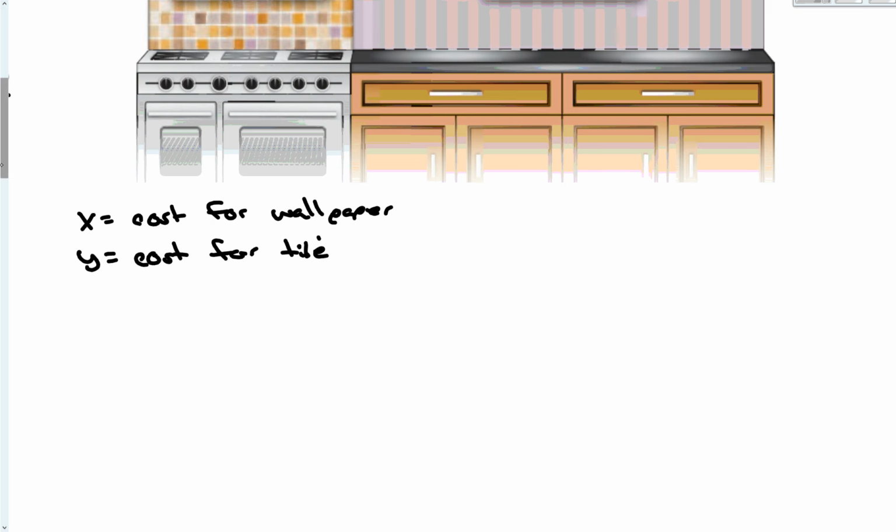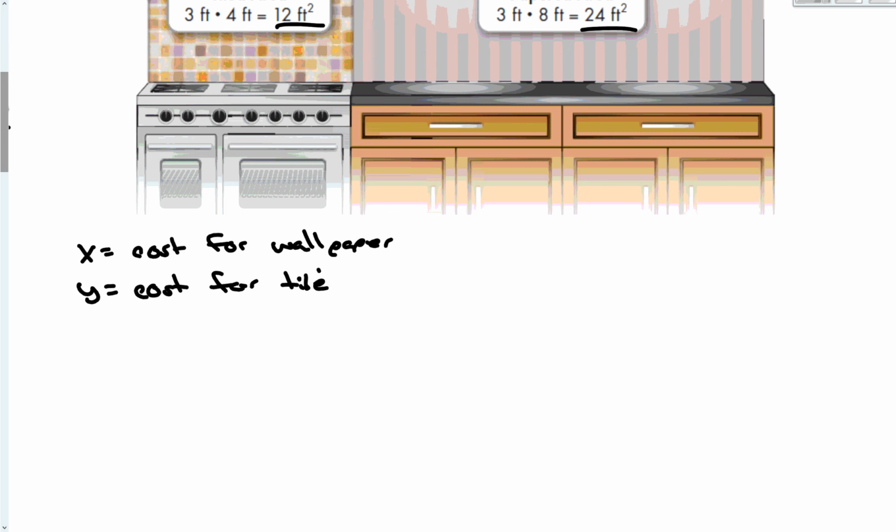So first, let's go back up a little bit. We have 24 square feet of wallpaper times the amount that costs, plus 12 square feet of tile times the amount that costs. I need this to be less than or equal to $420. In order to graph this, let's get y by itself.